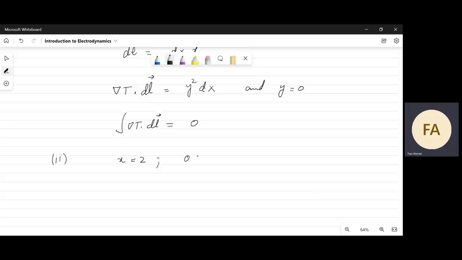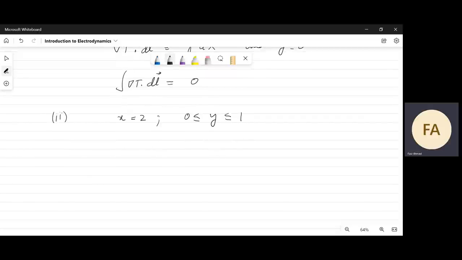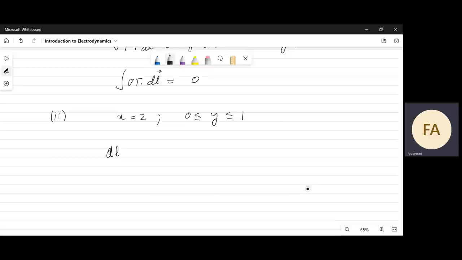Y is varying from 0 to 1. Now x is constant, so the derivative of x will become 0, and we will only be left with the dy part.